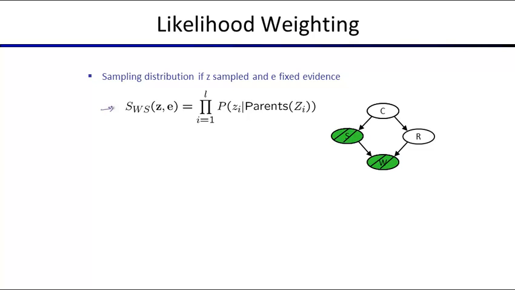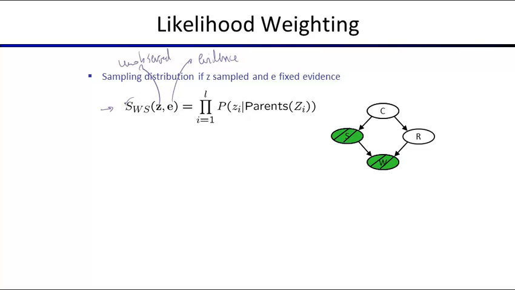Let me backtrack on the notation. Z are the unobserved variables, and E are the evidence variables. So we split our variables in two groups.